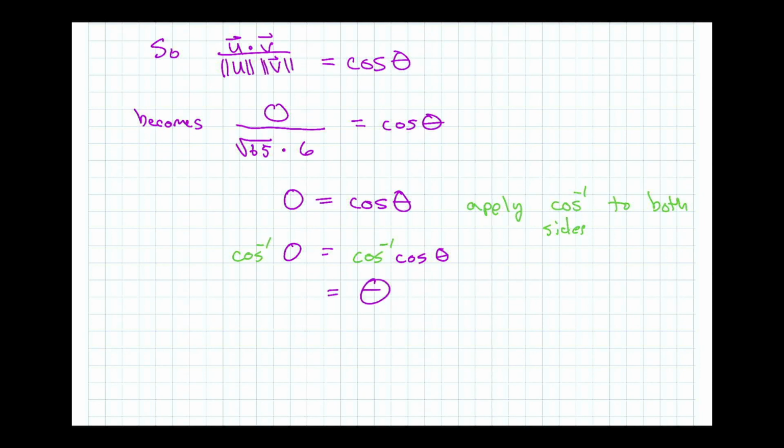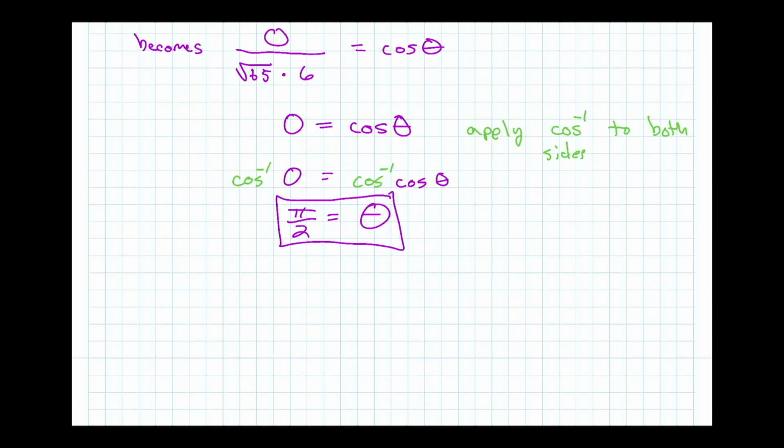And on the left-hand side, you get cosine inverse of 0, which, what is it? Cosine of what is 0? And you get pi over 2, right? And so you punch that into a calculator and that's what it will tell you. So that is your answer. The angle between the vectors, they're 90 degrees apart, or pi over 2 radians.